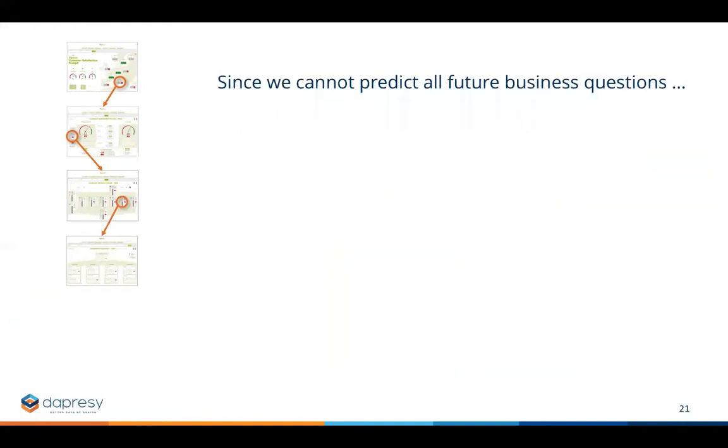And of course, since we cannot really predict all the future business questions, the first business question on level 1 is, okay, where is my performance caused? Which we see by the split into countries or the indicators.